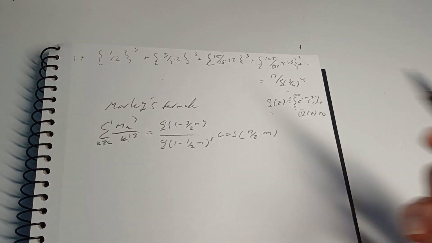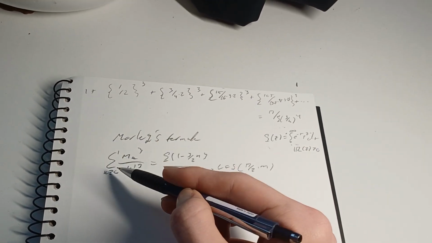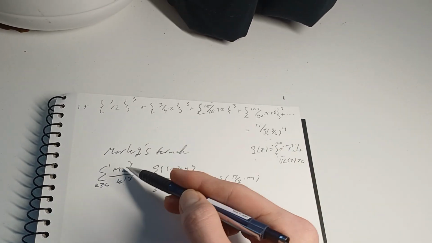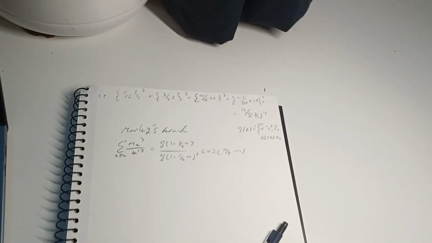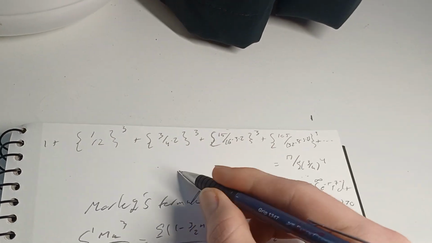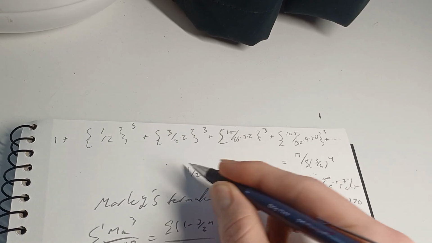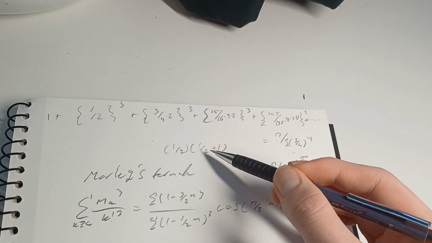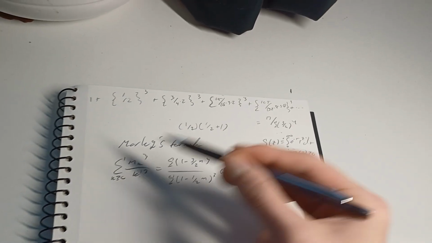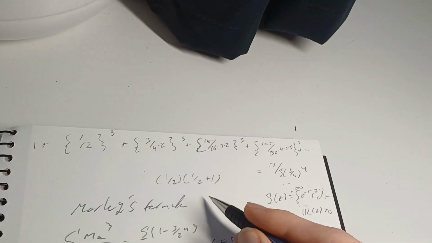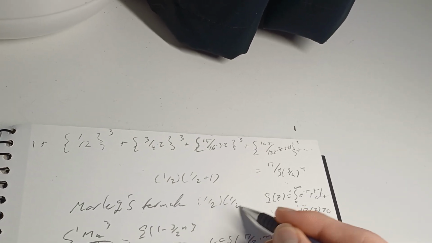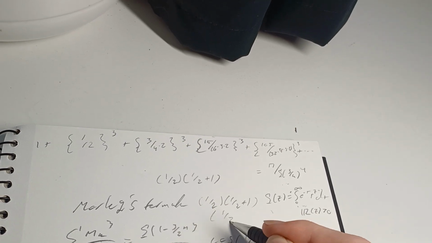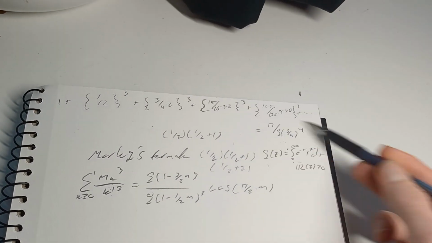If you notice here, we get the factors of 1/2, the rising factorial of 1/2, because 3/4 is just 1/2 times 1/2 plus 1. So it's the next factor for the rising factorial, and 15/16 is just 1/2 times 1/2 plus 1 times 1/2 plus 2, and so on.